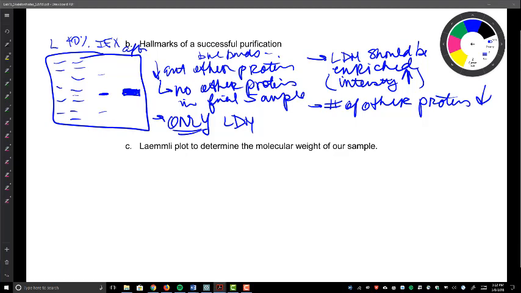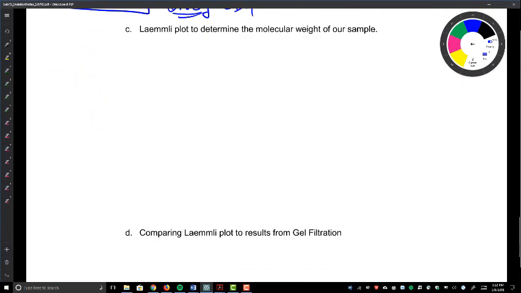Okay, so I mentioned that we can use an SDS page gel to quantify the size of a sample. You can do that just by looking at the location of your sample relative to a ladder, but you can also use a Laemmli plot to quantitatively determine the molecular weight of our sample.